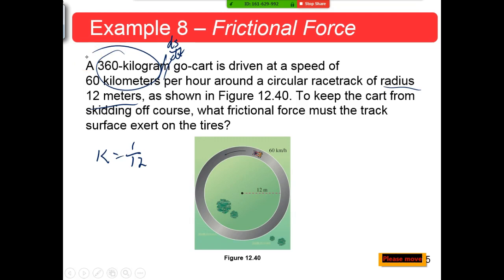Now, does anyone see any kind of little problem with this setup? I'll give you a hint. Units. Did someone say something? I thought I heard a squeak. 60 kilometers and 12 something. Yeah, you got 60 kilometers per hour.